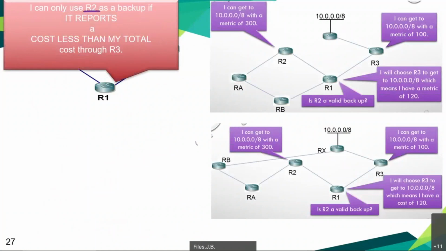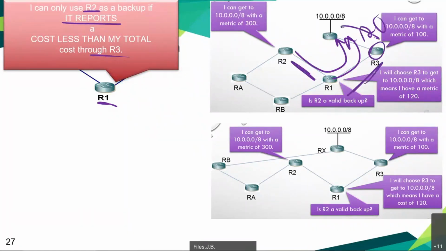So R2 can be used as a backup if it reports a cost less than R1's cost through R3, right? This is 120. Notice in this case, R2's distance has to be greater than 120 because it's this link plus ours, right? Over here, though, it in theory could be anything.